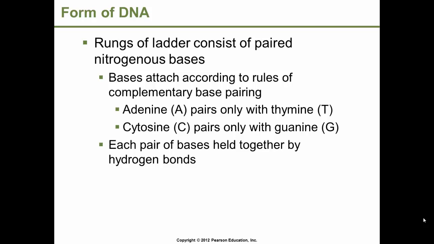So in the example given previously, if it contained 20% thymine and thus 20% adenine based on the base pairing rules, 20 and 20 are 40, so you would conclude that the remaining section contained 30% guanine and 30% cytosine, equaling 100%.